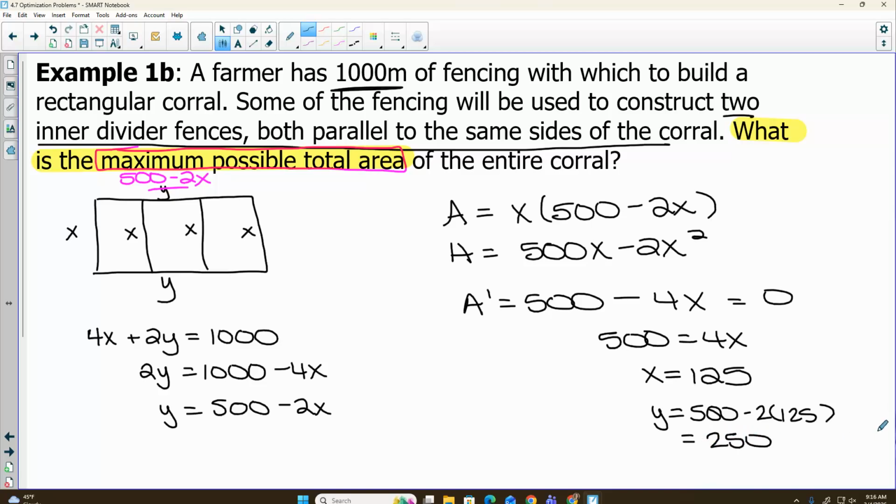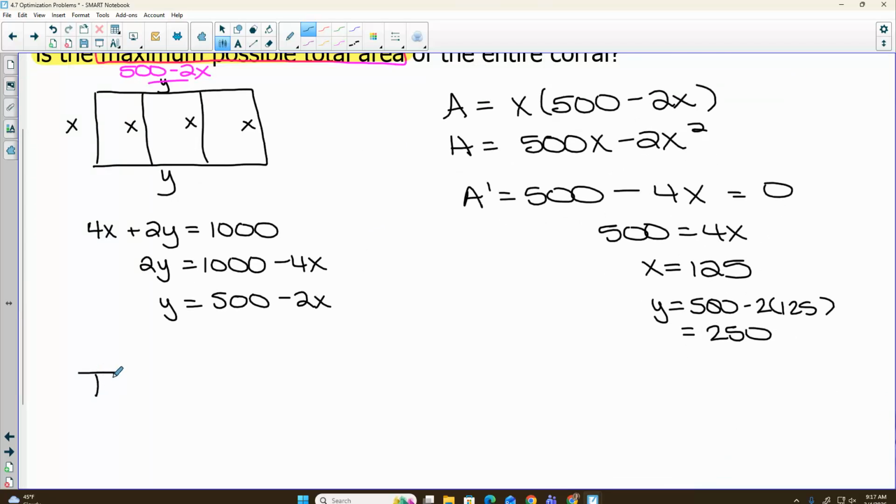So 250. And length times width, so 125 times 250. And we're in.